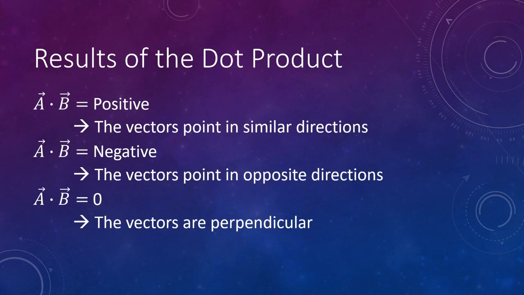Not necessarily parallel, but they're both kind of going the same way. Likewise, if a dot b is negative, that means the vectors are at least partially pointing in opposite directions. And most importantly of all, if a dot b is equal to 0, that means the two vectors are perpendicular to each other. So important thing to remember there.